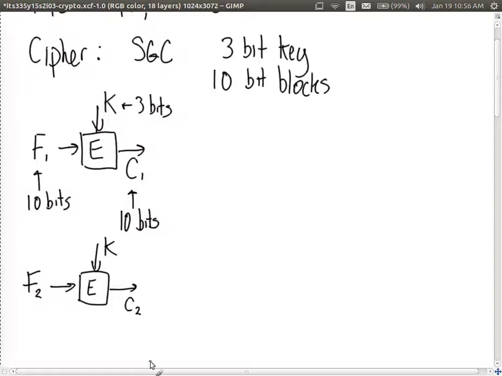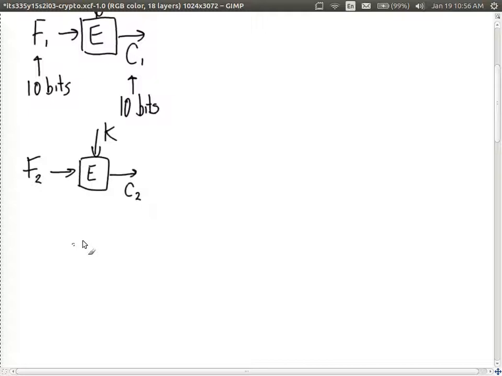A naive approach is that the ciphertext for that entire file is just the concatenation of the different blocks. That is C1 followed by C2 followed by C3 and so on. So if the file was 10,000 bytes, we keep going for all 8,000 blocks in total.